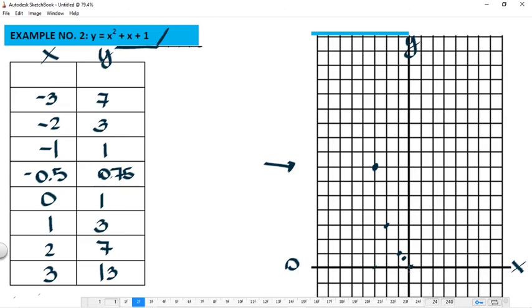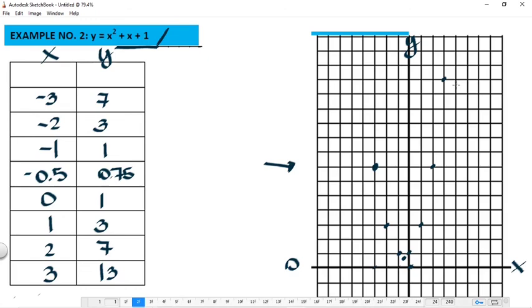If x is 0, y is 1. If x is 1, y is 3. If x is 2, y is 7. And lastly, if x is 3, y is 13. So I will just count 13 grids upward. 7, 8, 9, 10, 11, 12, 13.